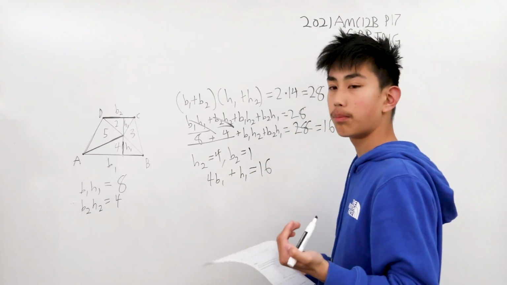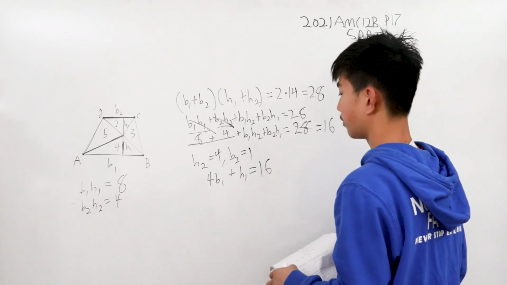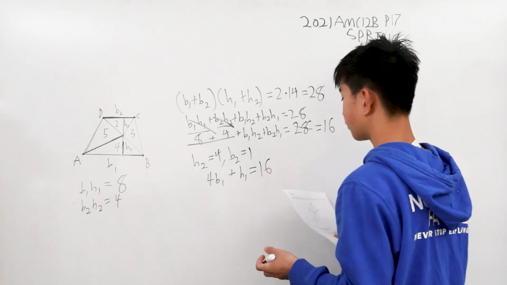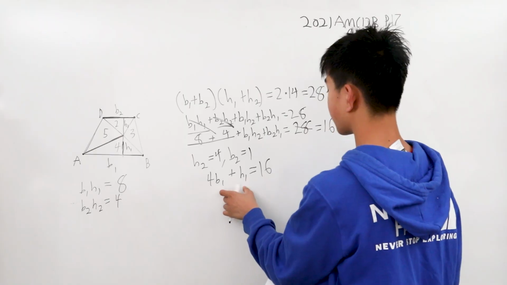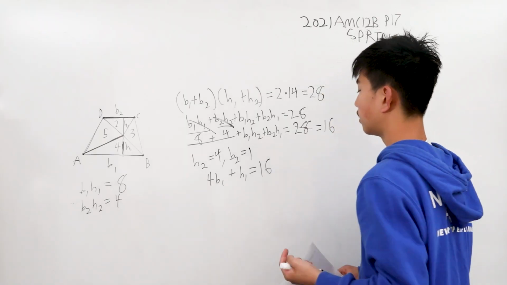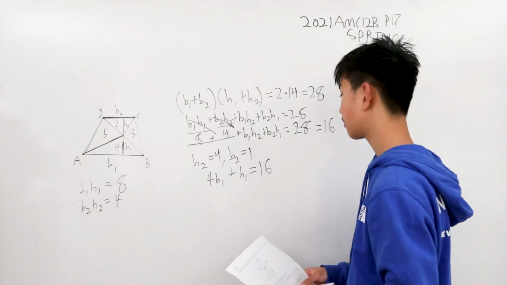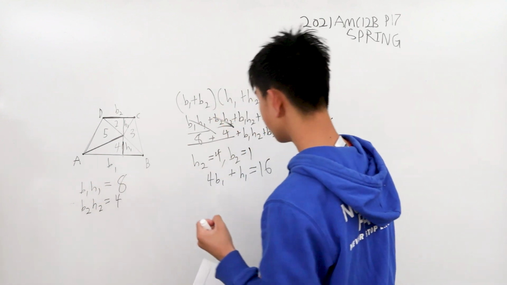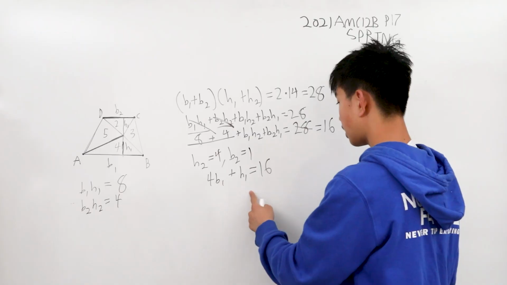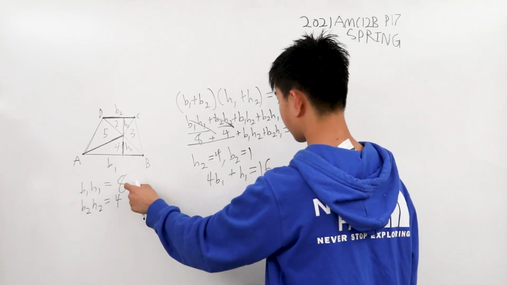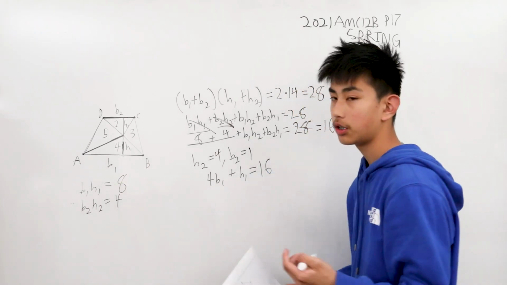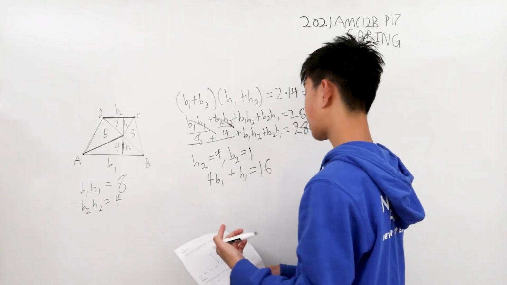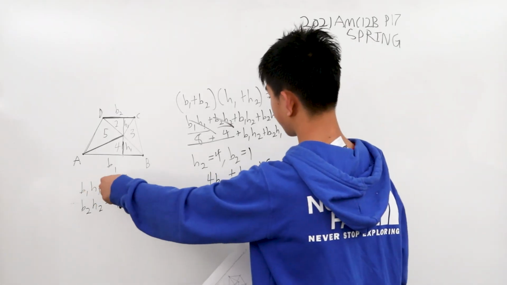Now, there's a really important insight here. We have these values in B1 and H1, but we can't really do anything because the only value we know is them multiplied together. We see this H1, and we want to get to a value, which is 8, the only value we know. So how do we get from H1 to B1 times H1?